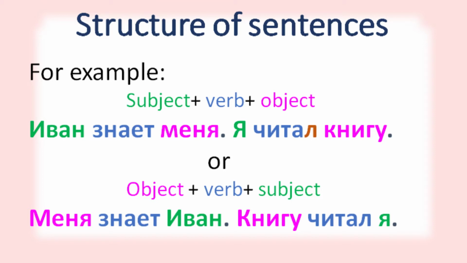I read a book, where я is the subject, читал is the verb, and книгу is the object. Or you can say, with the same meaning, Меня знает Иван. Книгу читал я, where the object is at the beginning of the sentence.